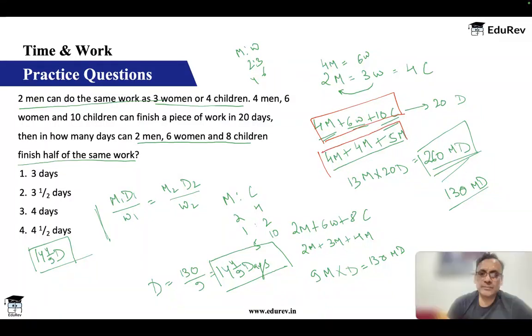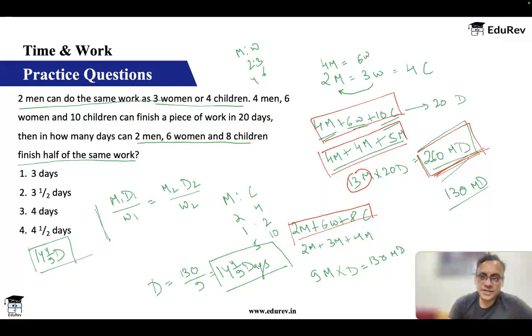That changed to 13 men. Second part: 13 men work for 20 days, so my work is 260 man days. So I get my total work in terms of man days. Third part: now what is the team? The team is 2 men, 6 women and 8 children, and then again I convert them to 2 men plus 3 men plus 4 men.